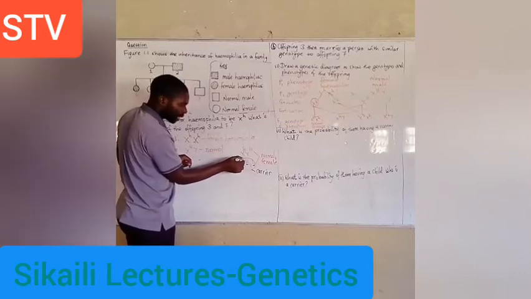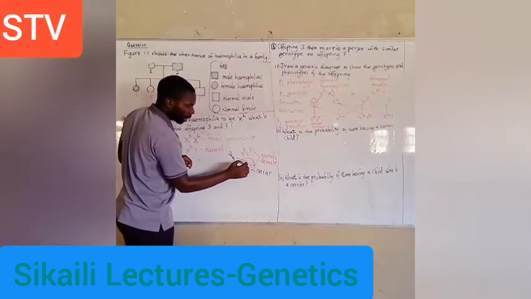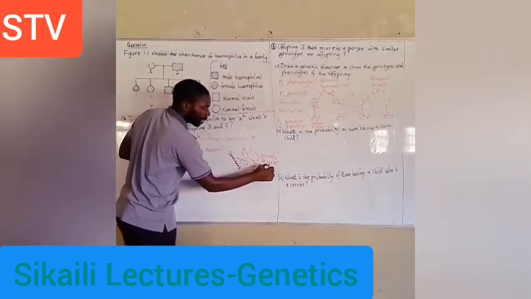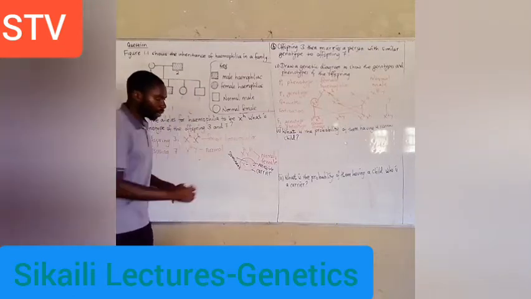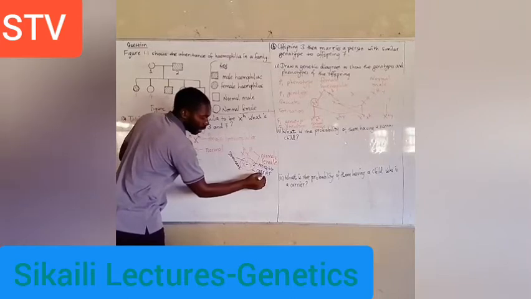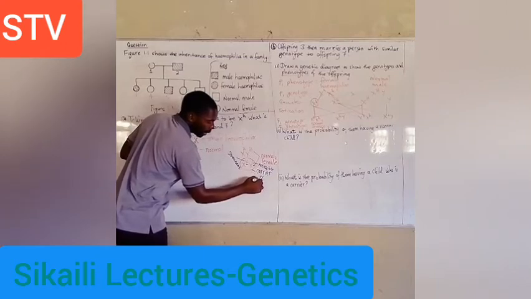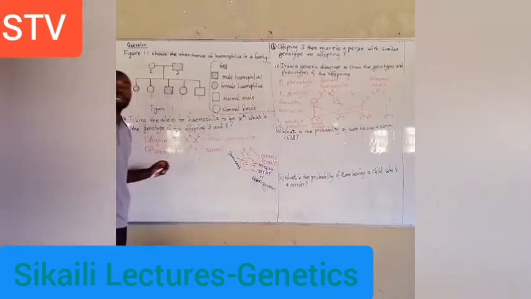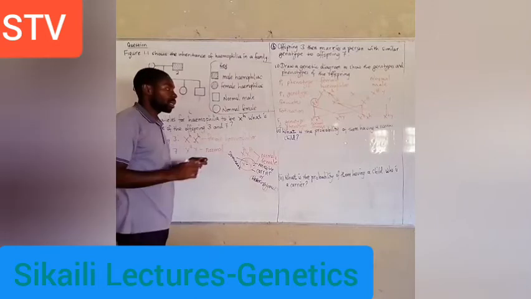Dominant and recessive. So a person who inherits a dominant allele and a recessive allele, this person can be called a carrier or heterozygous. It's called a heterozygous. Okay? I hope you are very much following.